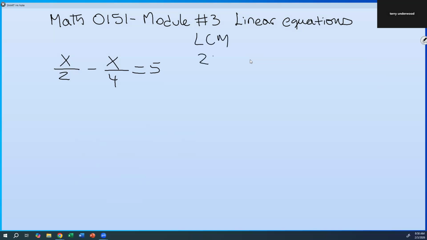I have a 2, and then I have a 4. 2 times 1 is 2, 4 times 1 is 4. 2 times 2 is 4. There's a 4. And 4 times 2 is an 8. And I stop there because 4 is in the list of multiples of 2, but also is in the list of multiples of 4. That is my LCM, my least common multiple.